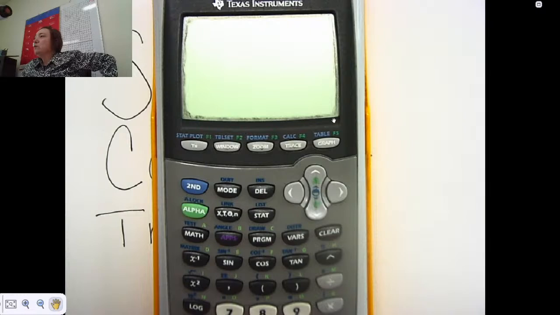When you turn your phone sideways, you will see that you now have sine, cosine, and tangent on your phone. So if you're not at school and you don't have a calculator, you could still do sine, cosine, and tangent. You have it on your phone calculator.